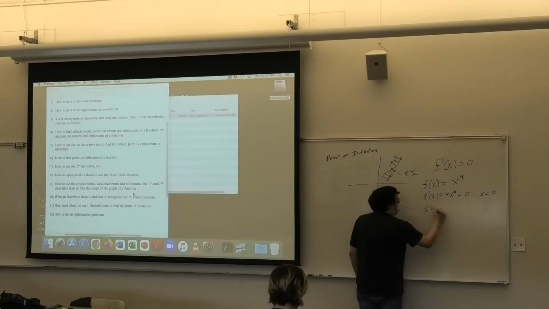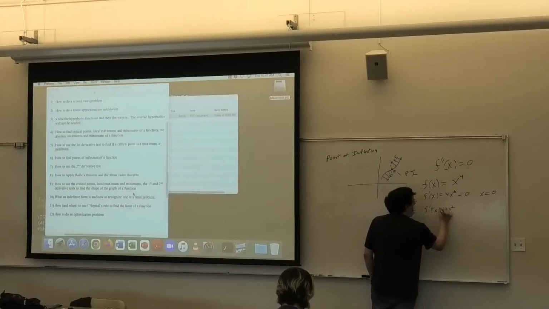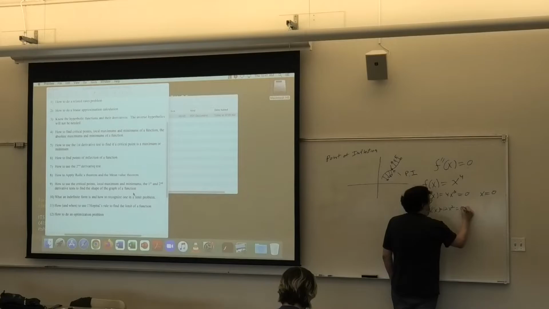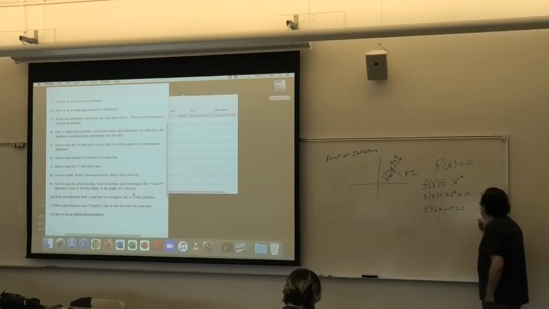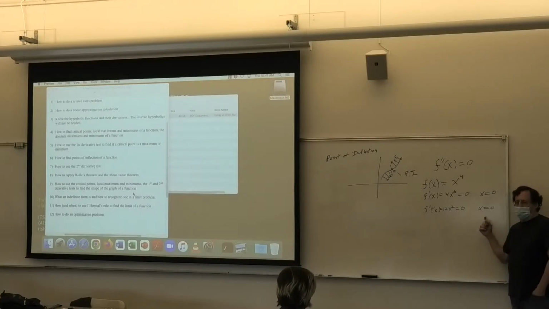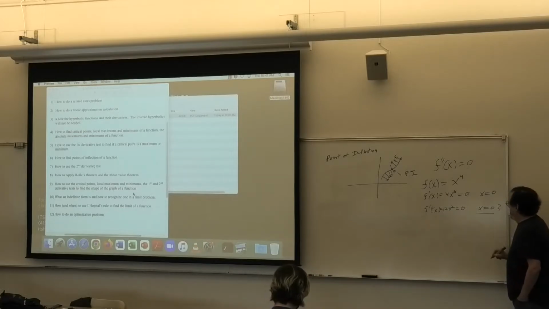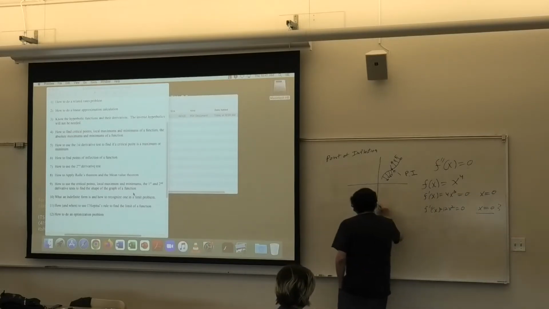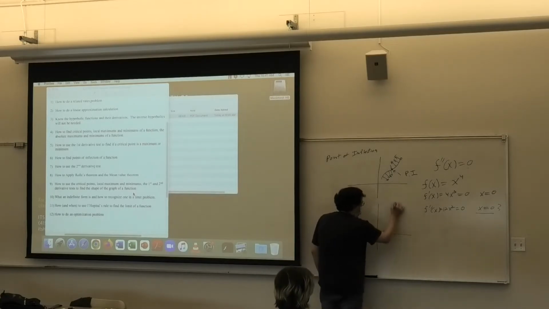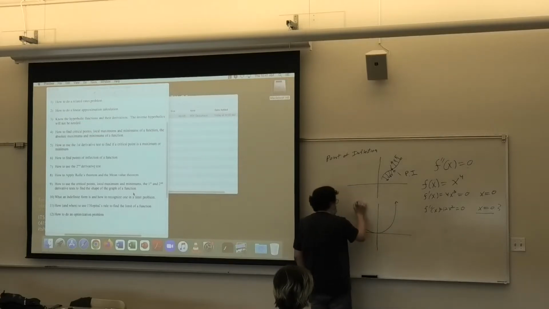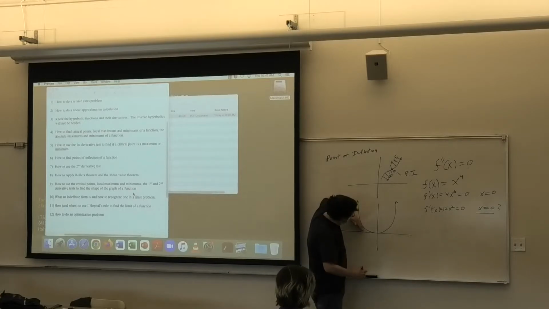Second derivative is 12x squared, which is 0 at x equals 0. This is where you might have a critical point, a point of inflection, but you don't. Look at the graph, and it looks like a parabola. And what happens is the derivative gets to 0.